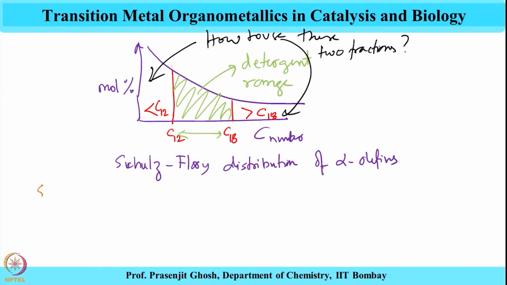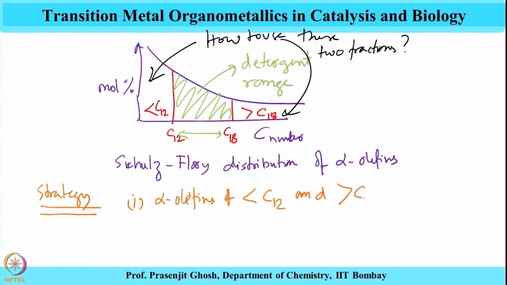So, the strategy was, first, these alpha olefins of less than C12 fragments and greater than C18 fragments to be isomerized.